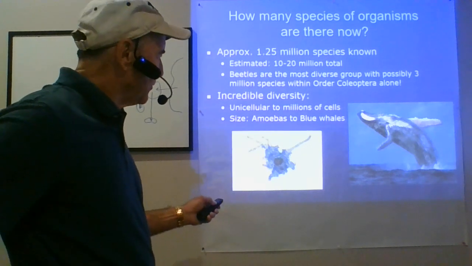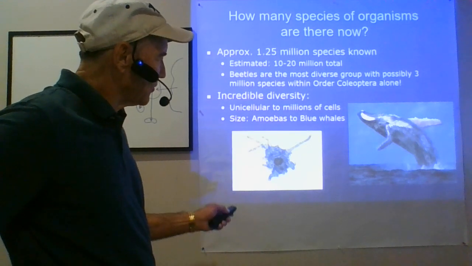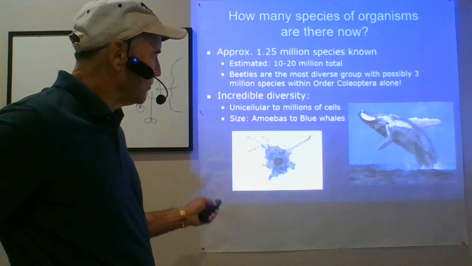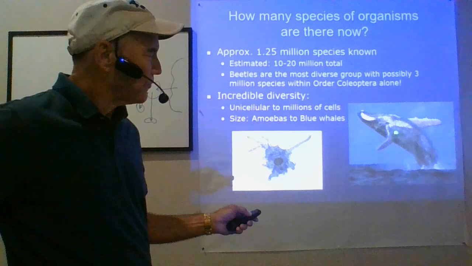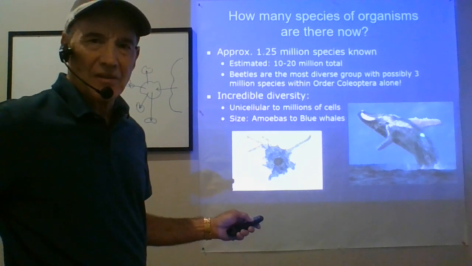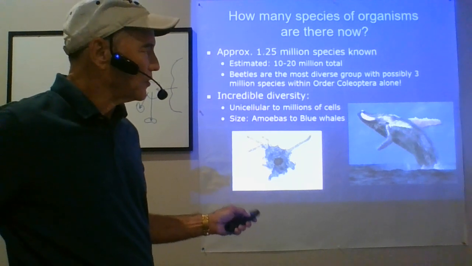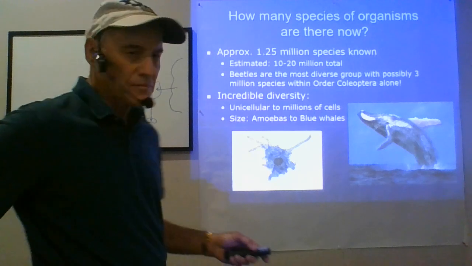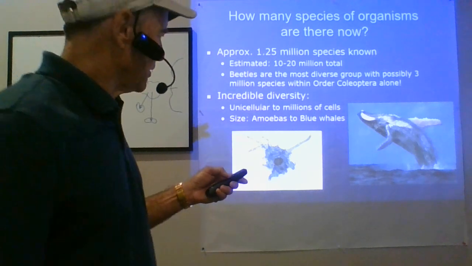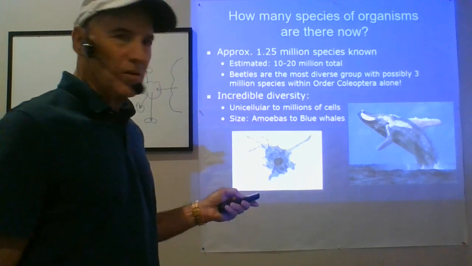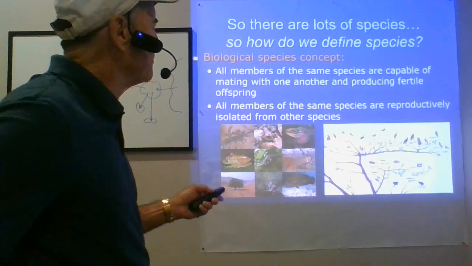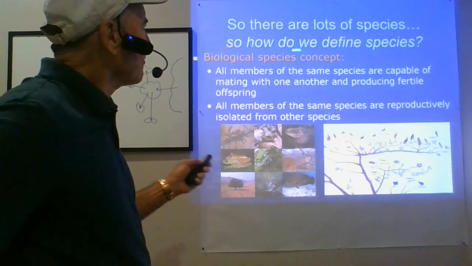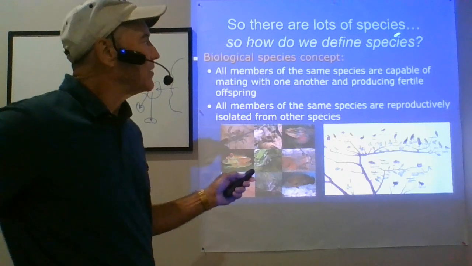We've got unicellular protozoans, tiny things, microscopic, up to these giant blue whales, the biggest animals that ever lived. They're bigger than the dinosaurs. They did find a gigantosaurus that was pretty close to the size of the blue whale. So there are lots of species.